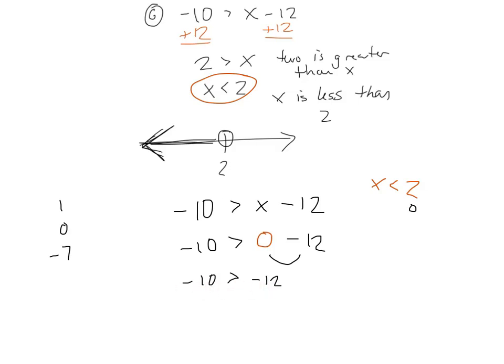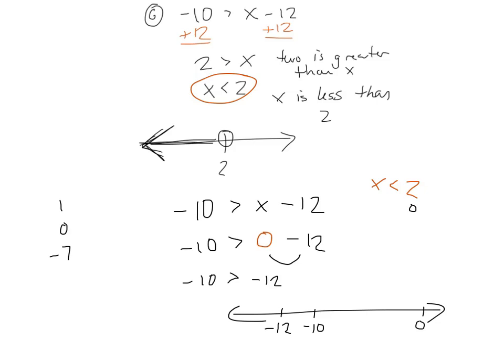And let's see if this statement is true. Negative 10 is greater than negative 12. Well, if I had a number line, and here's 0, that would be negative 12, and that would be negative 10. So yeah, negative 10 is definitely greater than negative 12 because it's closer to 0. So this is a true statement. So we checked our solution, and it's correct, okay?